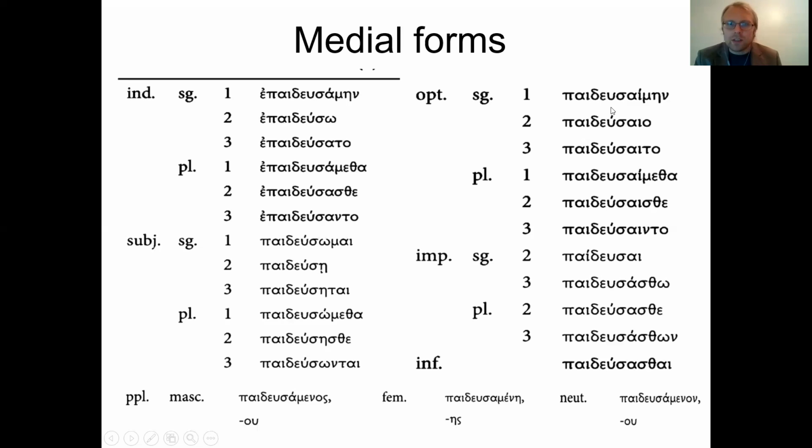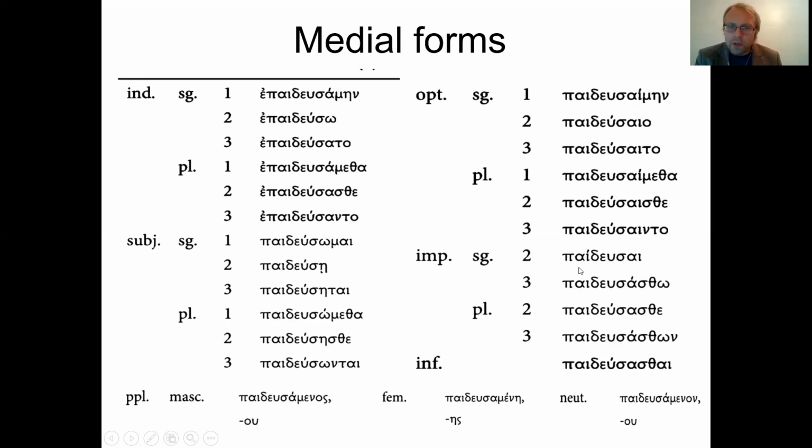The aorist medial optative forms have again this aorist optative infix I, which is clearly visible in all persons and numbers, as you can see. So that's how you can recognize a sigmatic aorist optative, by this I infix.